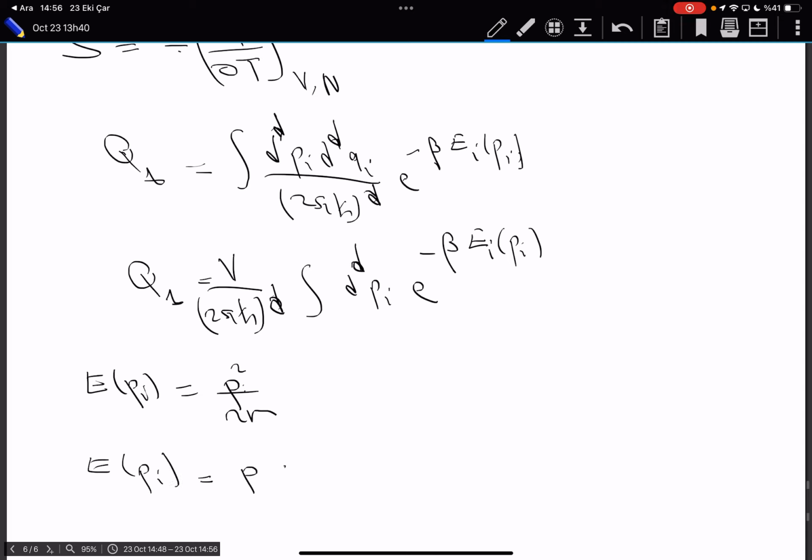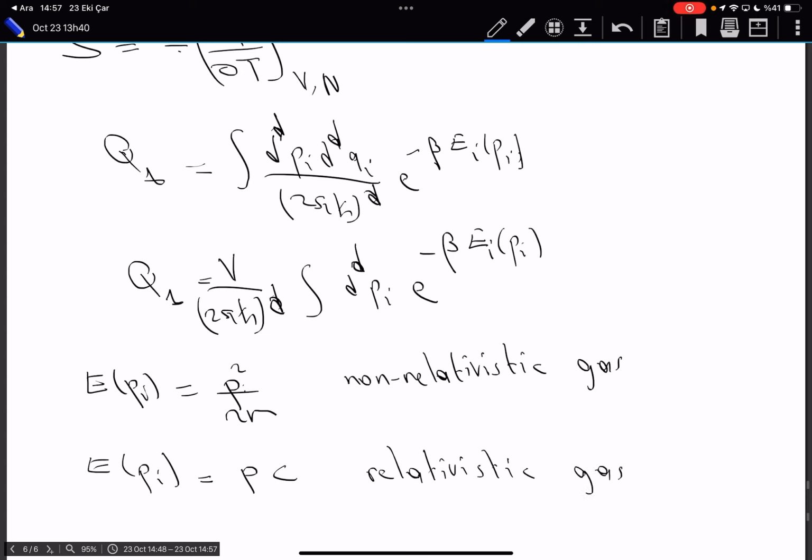It's p times c. So the only thing that will change is just putting in the corresponding expressions over there. So as a concrete example, let's look at the non-relativistic case in 3D.